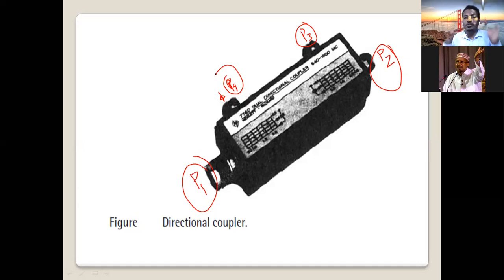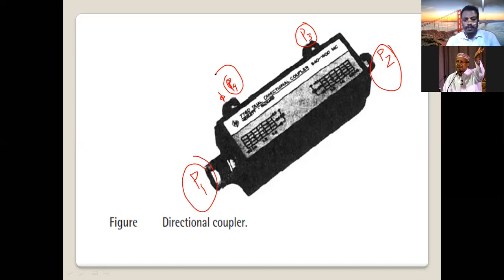You will find it in so many applications. As I said, this coupler is a 4-port device. It's a general purpose device. It's not designed only for one application; we can use it for many applications.